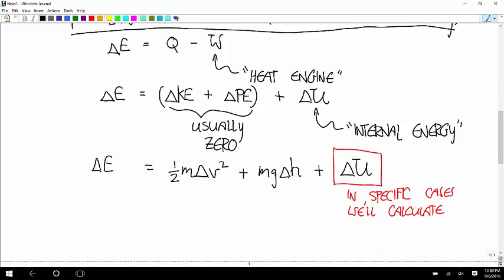And then what about heat and work? So heat, later, actually in the next section, we'll know some things about heat transfer. But for now, that just has to be given as a number.